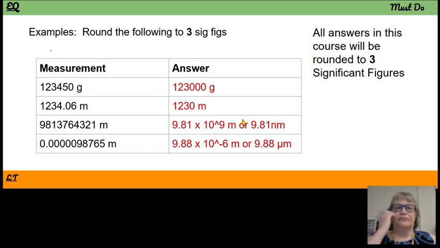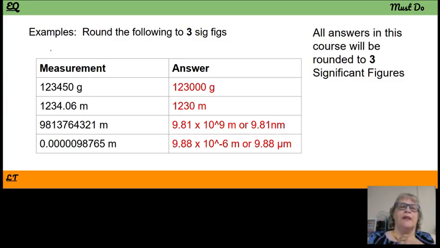All right. So here are some examples of rounding to 3 significant figures. Again, all of our answers in Schoology will be rounded to 3 significant figures. It's kind of the norm. I mean, there really isn't a lot of numbers out there that you have to use more than 3 or 4.